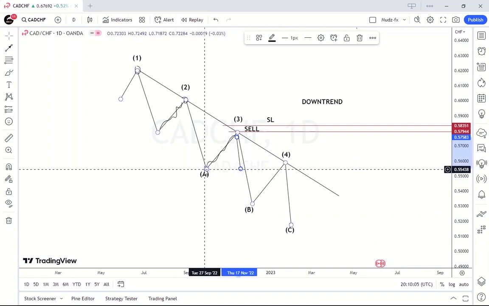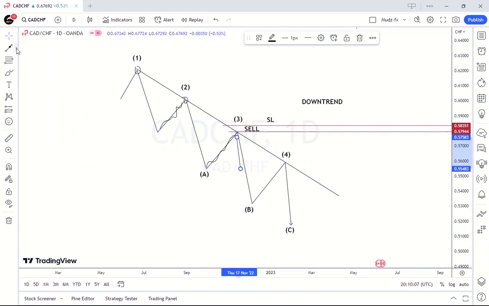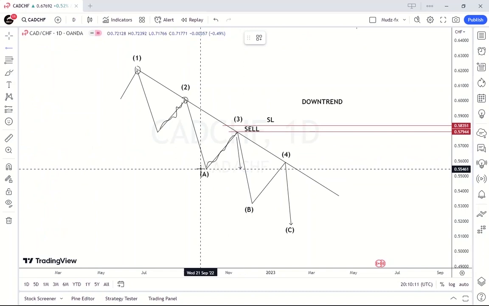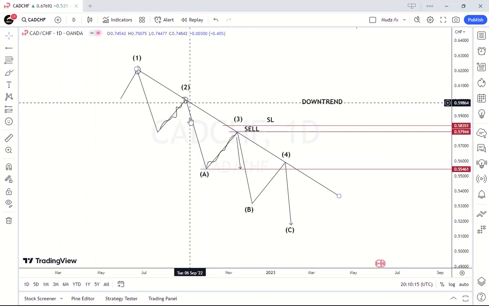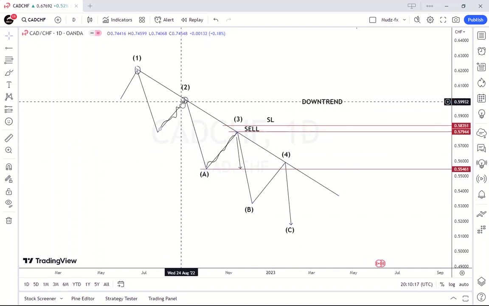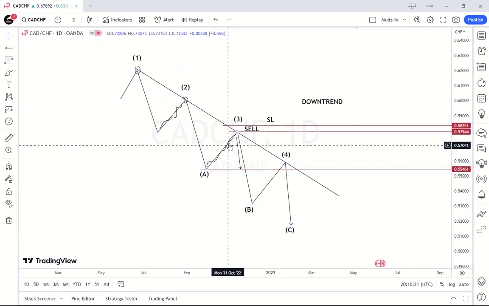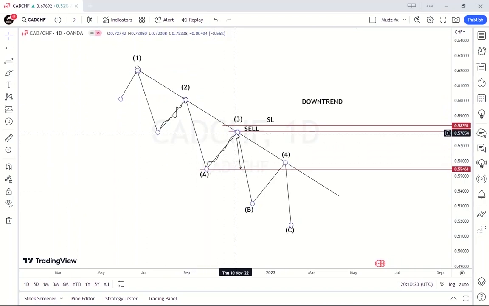So on this letter A, we can see that there is a support that was made when the market was making a lower low from here, right? From number 2, as it dropped from number 2, making a corrective move, and then touching the trend line from a lower high.